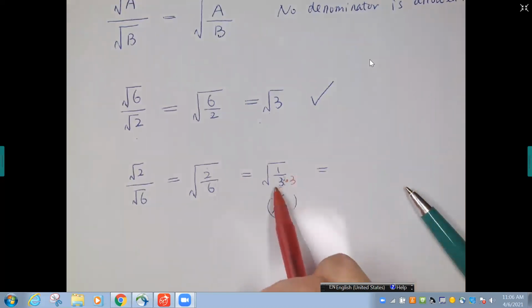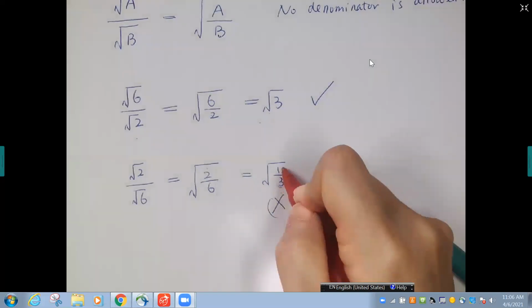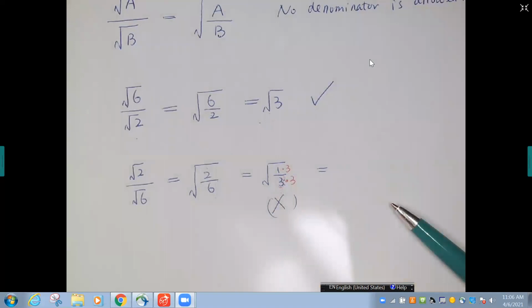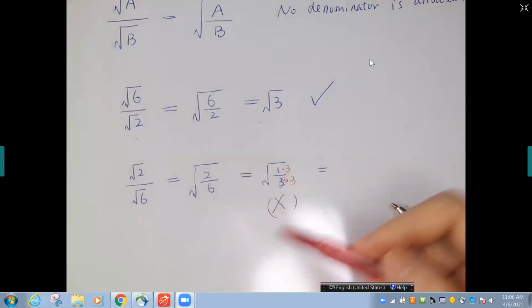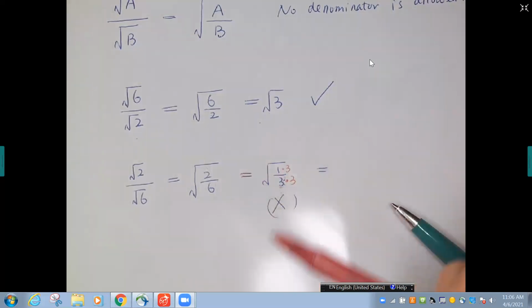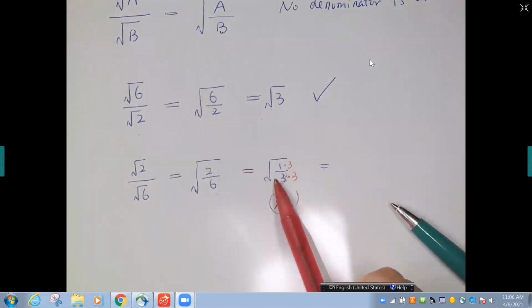So whatever we do to the denominator, we should do the same thing to the numerator. If we multiply by 3 on the bottom, we should do the same on the top, so 1 times 3 as well. They're still equivalent, right? I didn't actually change the value, I just changed the look. Both the denominator and numerator are multiplied by 3, so they still remain the same.